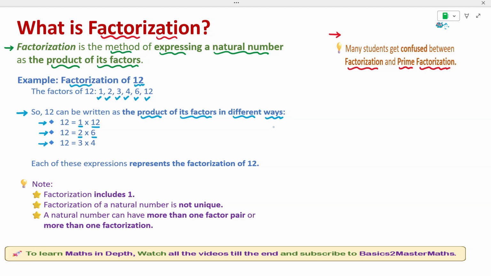Also, 12 can be expressed as the product of 3 and 4. Each of these expressions represents the factorization of 12. Got it?